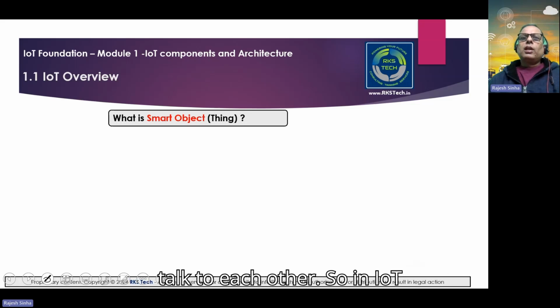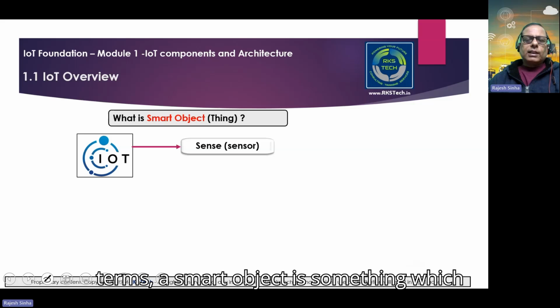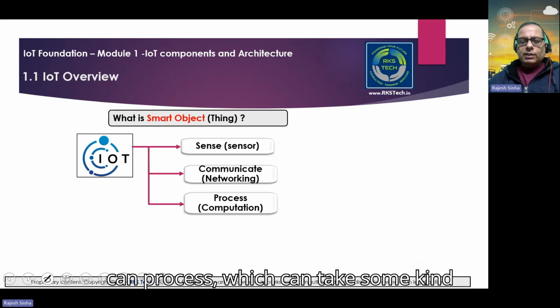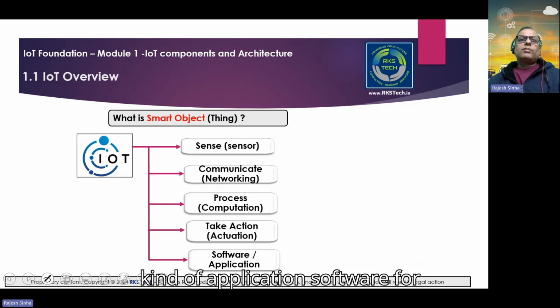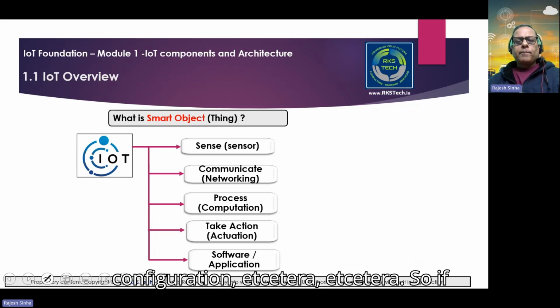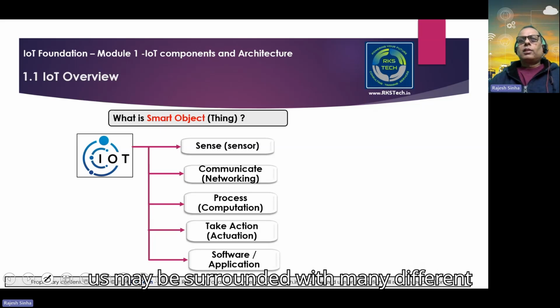So in IoT terms, a smart object is something which can sense, which can communicate, which can process, which can take some kind of action, and which may have some kind of application software for management and control or monitoring, configuration, etc.